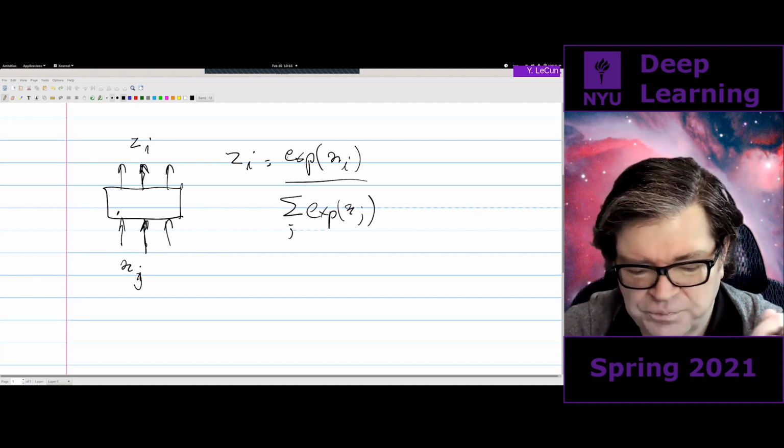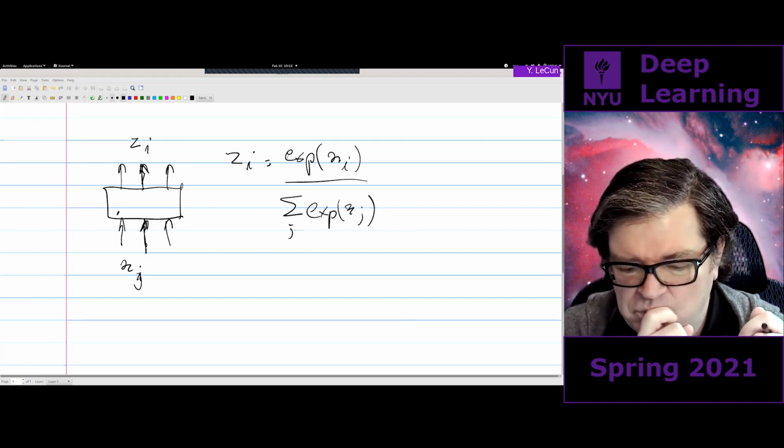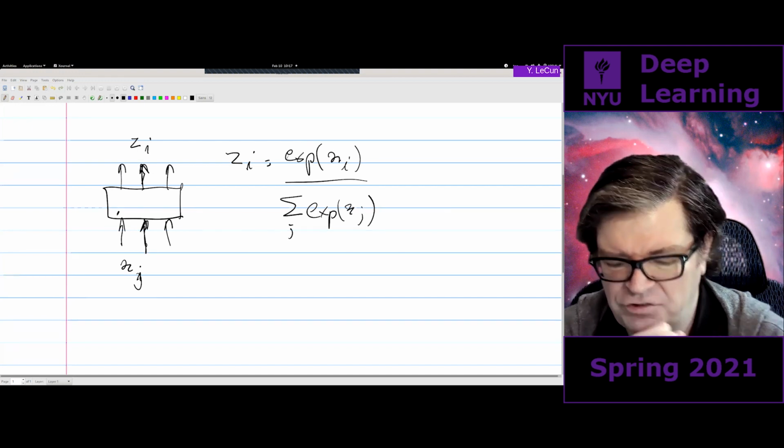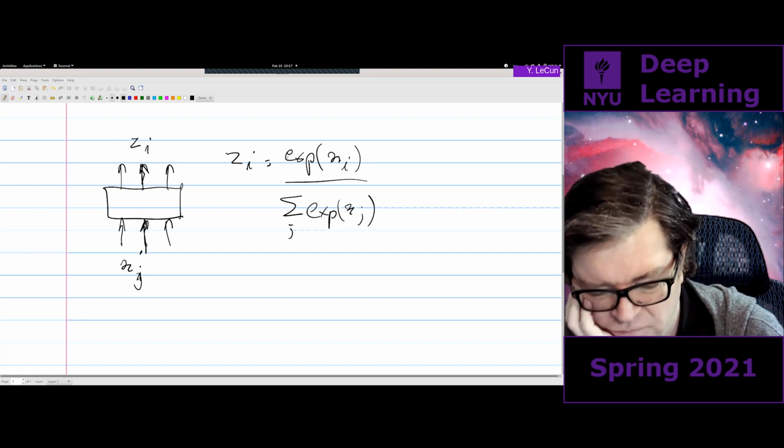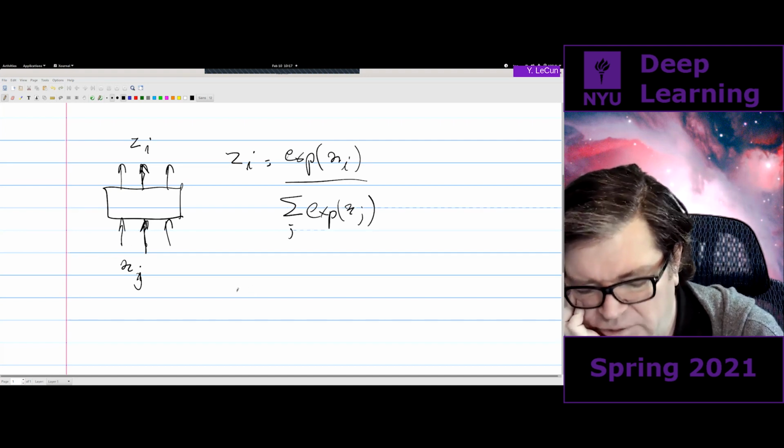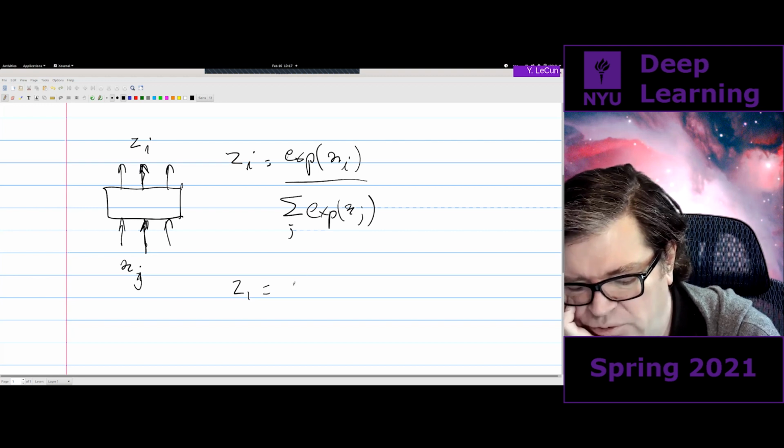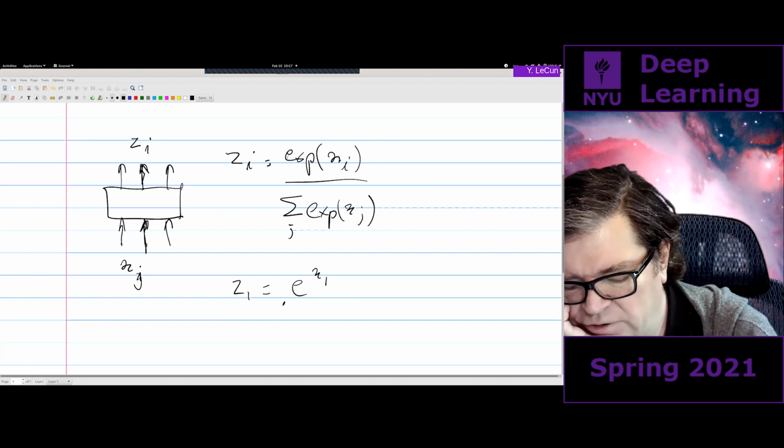So here's a special case of this. Let's imagine that we only have two inputs, x1 and x2. So z1 is going to be equal to e to the x1 over e to the x1 plus e to the x2.